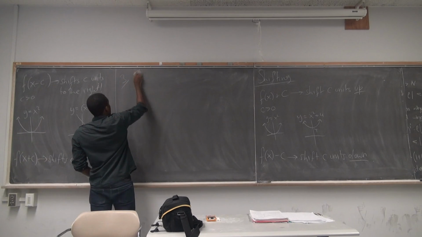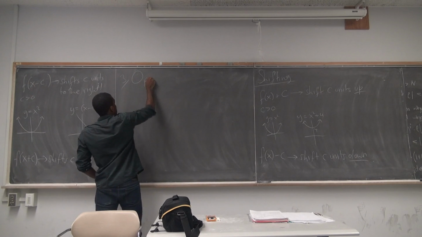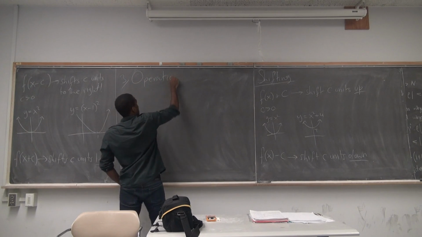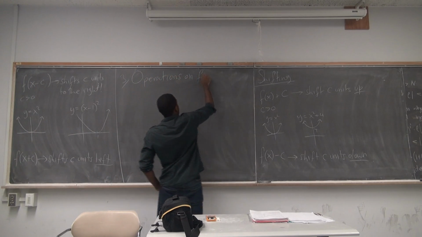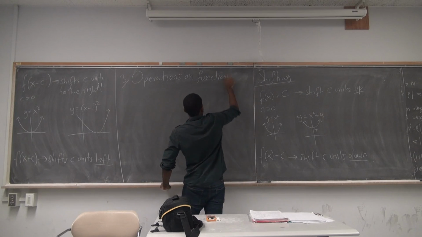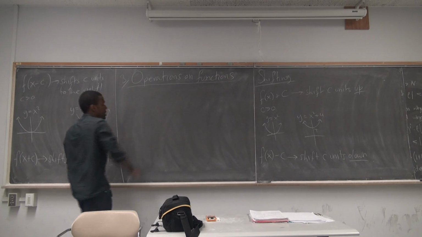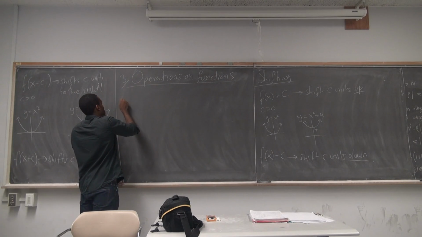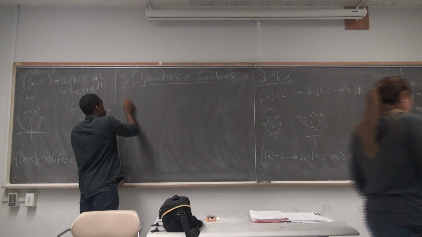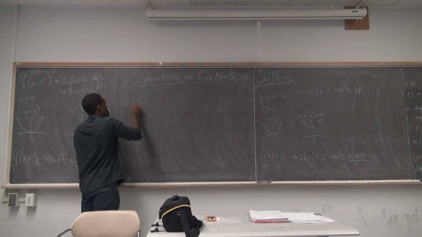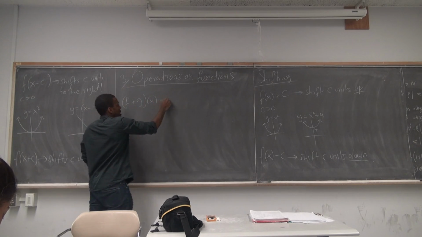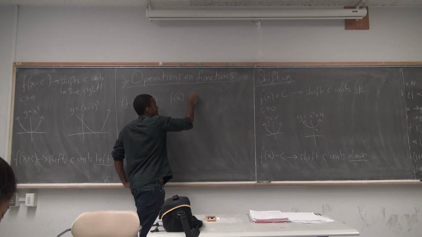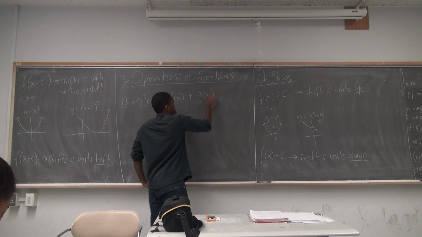3. Operations on functions, or function operations. Not really going to give an example of this. It's kind of normal. So this is like if I'm taking f plus g of x, I can add two functions together, and I just add like terms, basically.